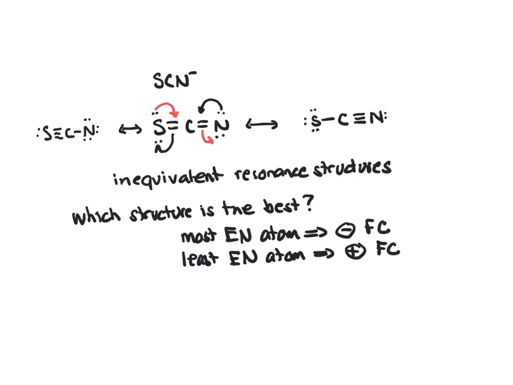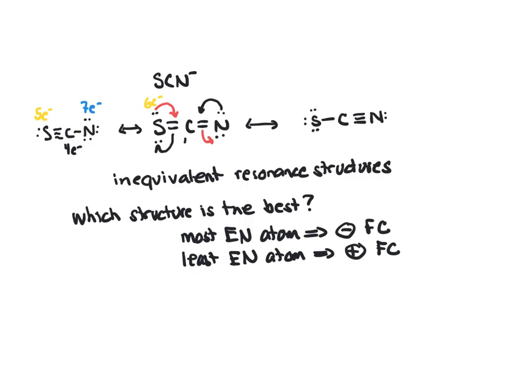So this nitrogen has 7 electrons in this structure. And the carbon has 1, 2, 3, 4, one from each bond. So the carbon has 4 electrons in this structure. And the sulfur has 1, 2, 3, 4, 5. So in this structure, the sulfur has 5 electrons. So if we move into the middle structure, this sulfur has 1, 2, 3, 4, 5, 6 electrons. So this sulfur has 6 electrons in this structure.